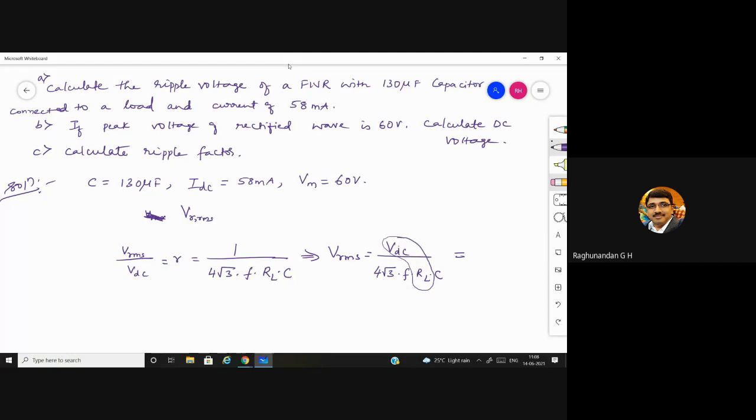What does VDC by RL give? IDC. So change that formula: 4 root 3 F into C, and IDC we have, so substitute it. Let me know what is the answer.